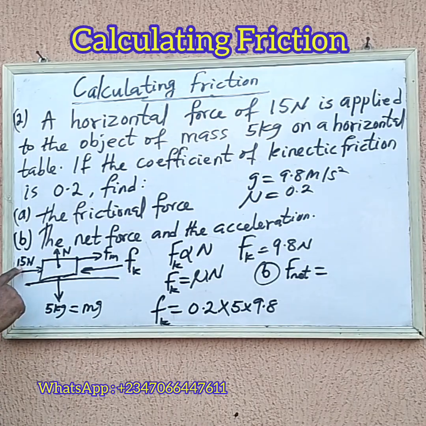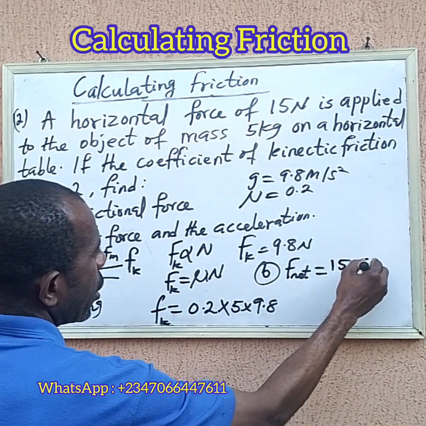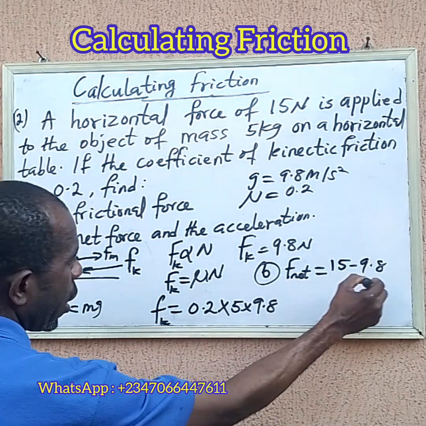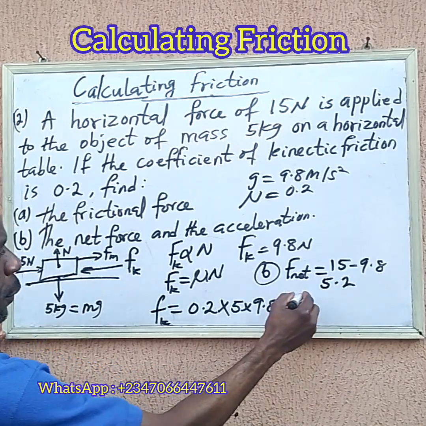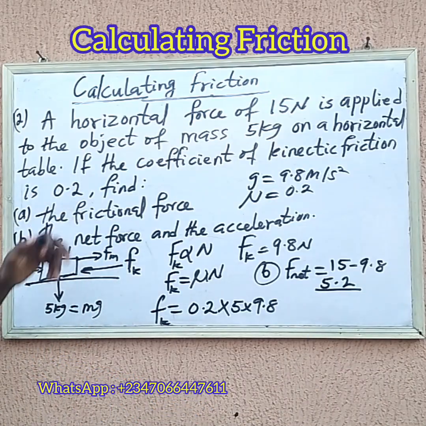The applied force is greater than the frictional force, so the body will move, which means F net is 15 minus 9.8. Let us subtract: 15 minus 9.8 gives us 5.2. So this is the net force.